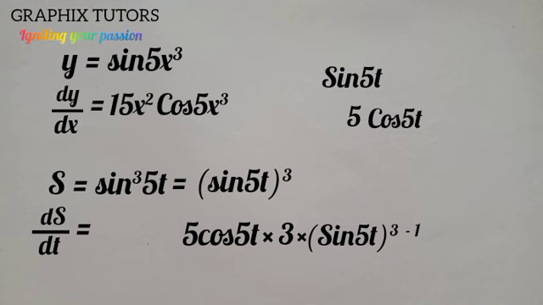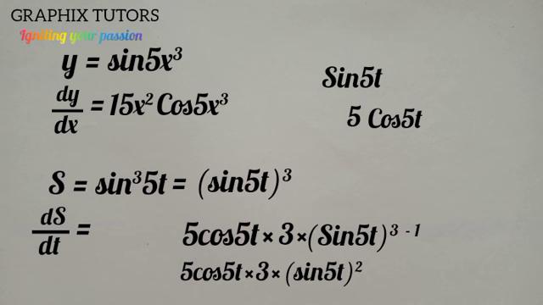So I'm going to have 5 cos 5t times 3 into bracket sine 5t all squared. You can see that? Now, you cannot multiply anything with the 5t inside the sine because that is an angle there. You cannot change it.